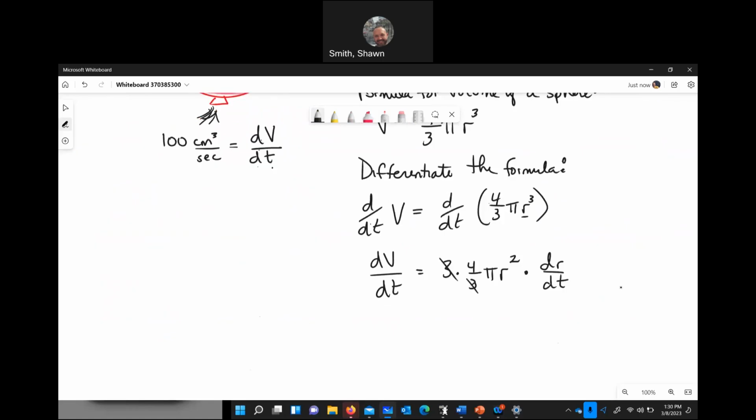All right, now I replace everything that is known. dV/dt, that's 100 centimeters cubed per second. You could put the units in the problem, or you can wait towards the end and get your units. Think about how the radius is changing. You'll see the units. The radius is linear. Right?